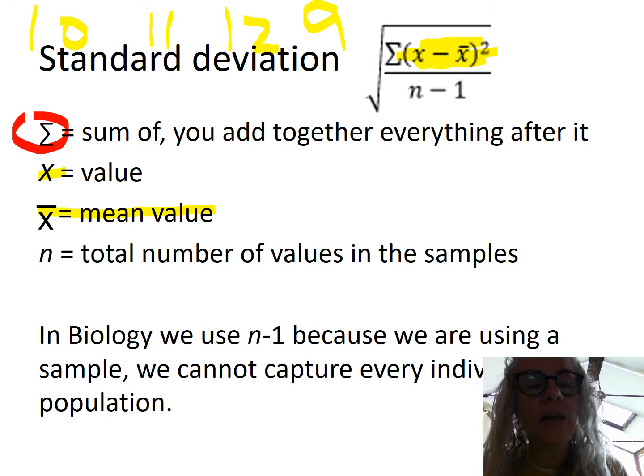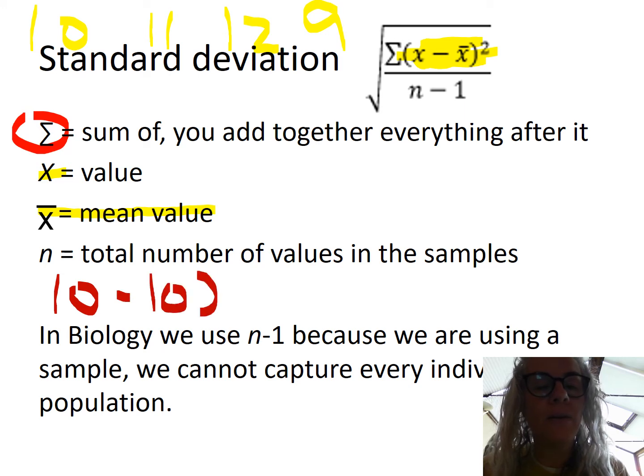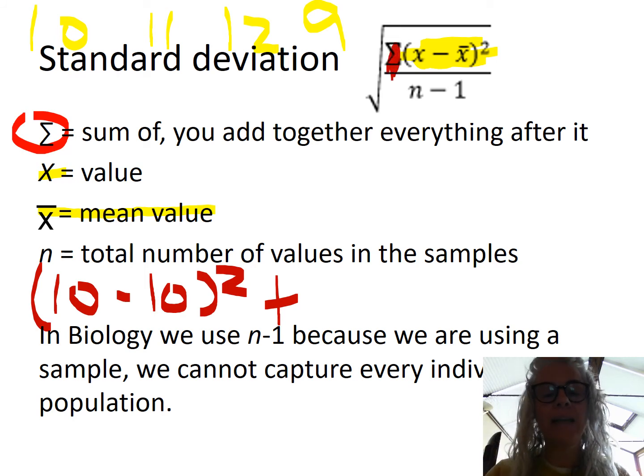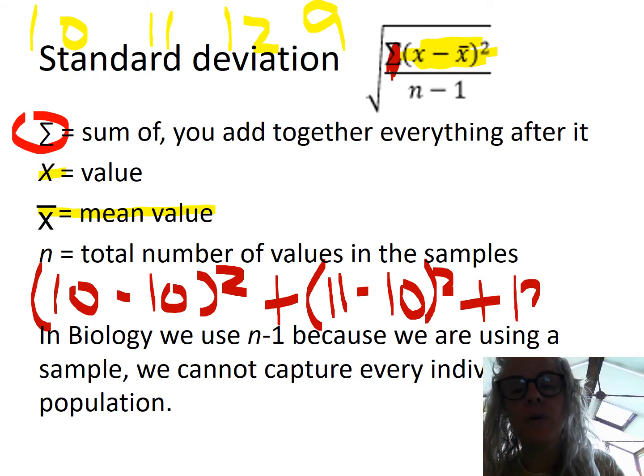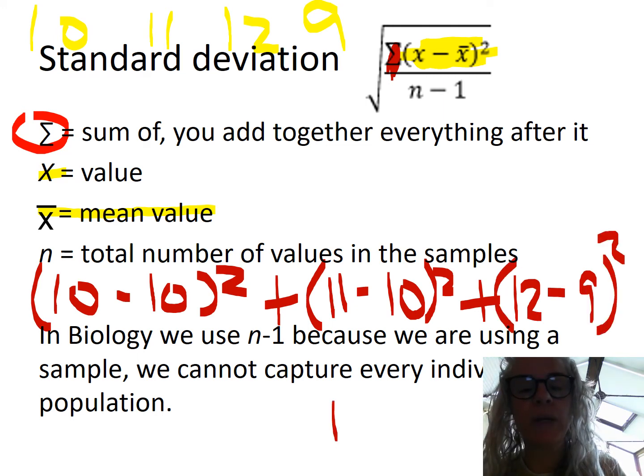So you would have, let's take the first value, 10 minus 10 squared plus, because this means add it all together, plus then the next value, 11, minus the mean, which we said was 10, and then square that, plus then the next one, 12 minus 10 squared, and then I'm running out of space, plus, and then 9 minus 10 squared.